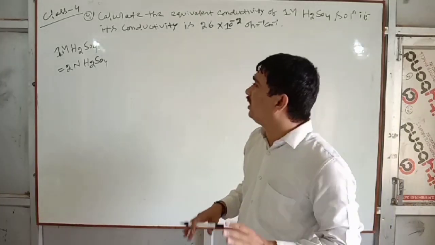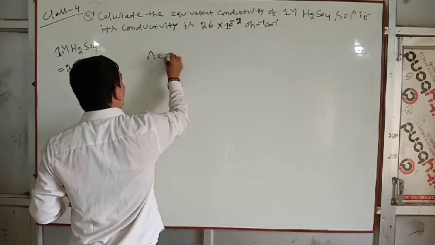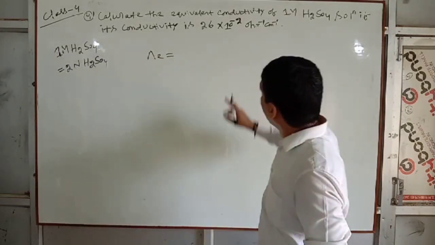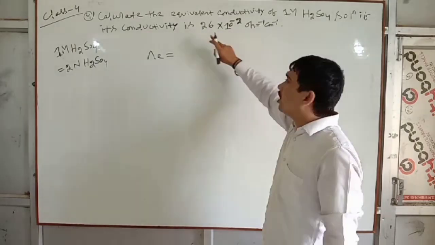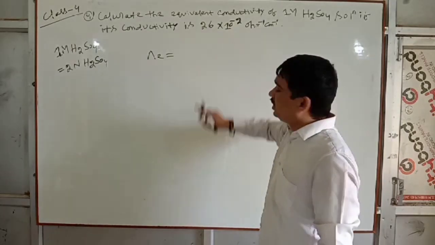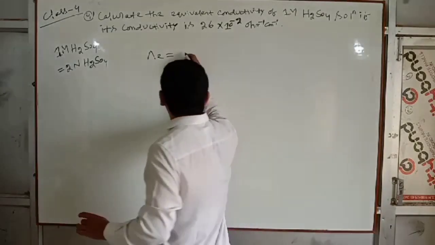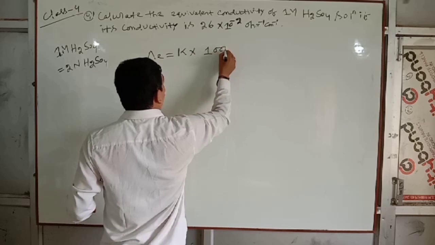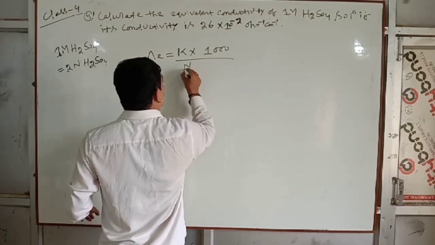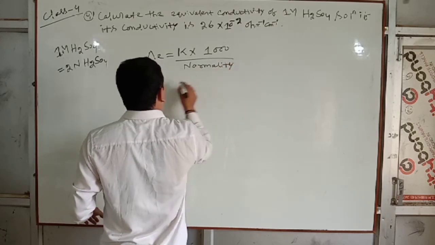So we have to calculate equivalent conductance, lambda E. What is given? Conductivity, which means specific conductance. So we know that equivalent conductance equal to kappa into 1000 by normality.